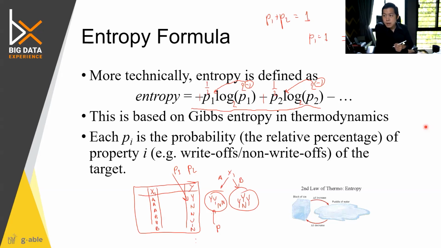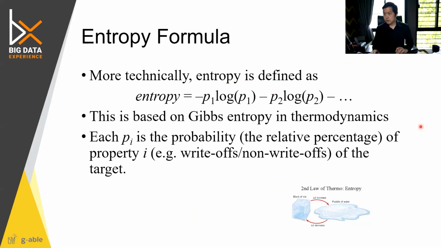And then log 2 of 2 would be 1. That means you have 1 over 2 plus 1 over 2, which equals 1. Okay, so if P1 is 1 over 2, in this case, you would have entropy equal 1. Right? So that means the more mixed the labels are, the higher the value of entropy.